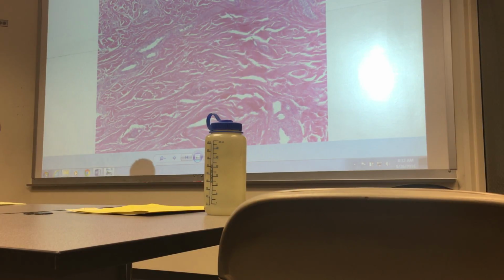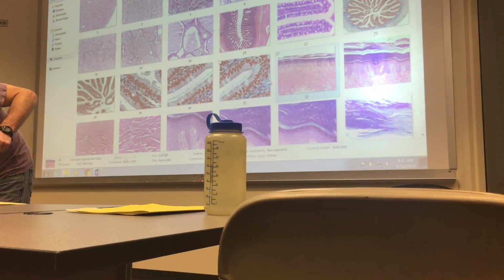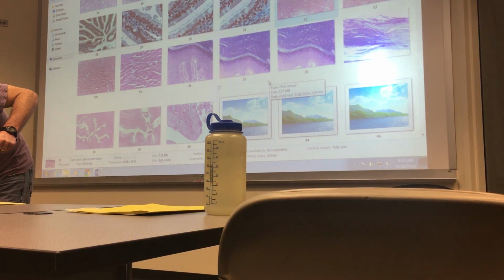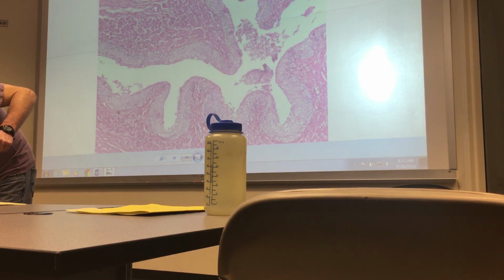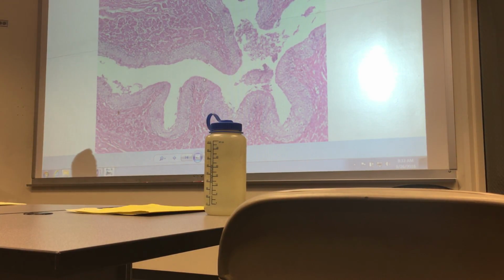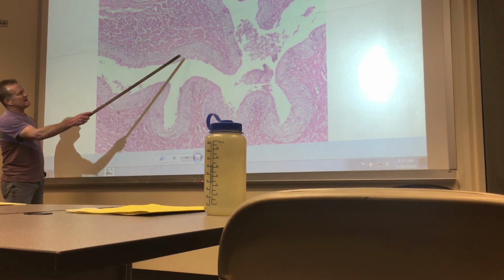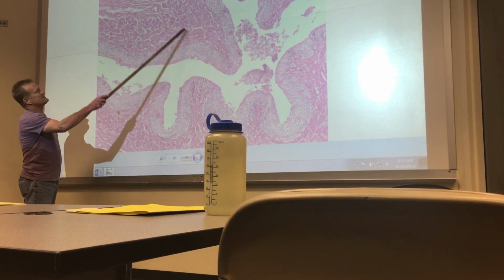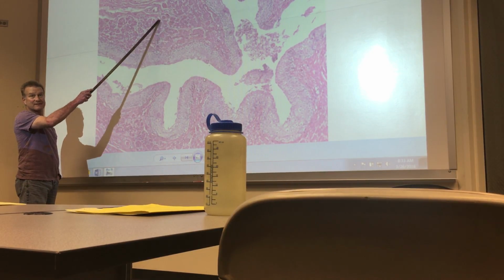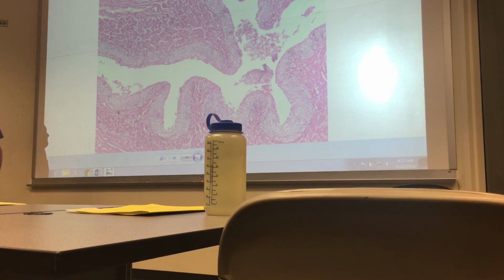Now, if we compare the keratinized stratified squamous to the non-keratinized, the difference is pretty obvious. It'll be more obvious when I blow it up a little more, but in this case, the epithelial tissue is right here. This is pretty much just like the dermis of the skin, the connective tissue that's under the epithelial tissue.